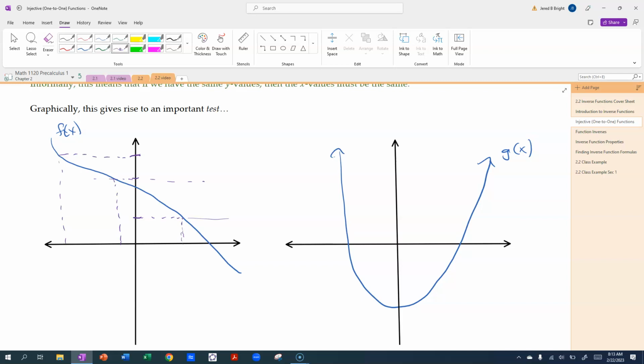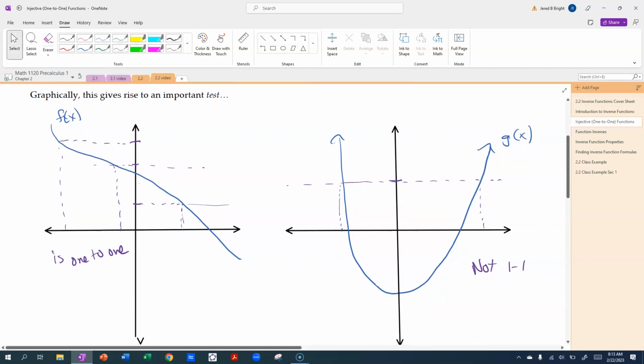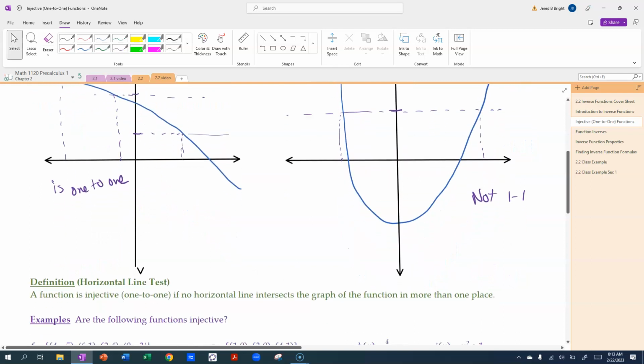Now if I go over to this side, pick a y value and look along it, I find there's one x value here and one x value here. So f of x here, I would say this is one-to-one. This one over here, at a particular y value, there's two x's, so this is not one-to-one.